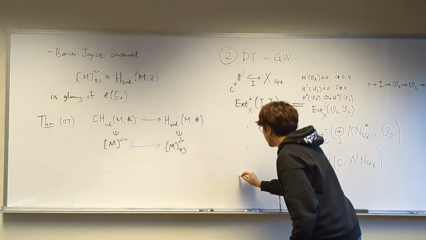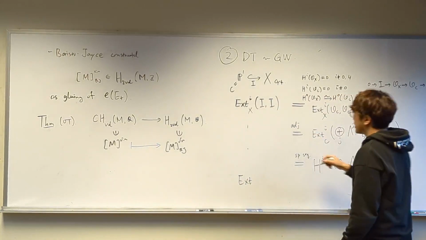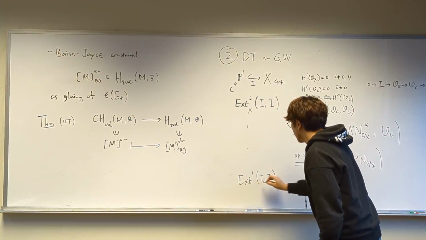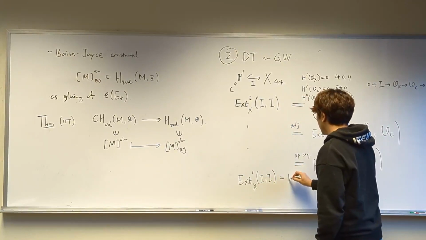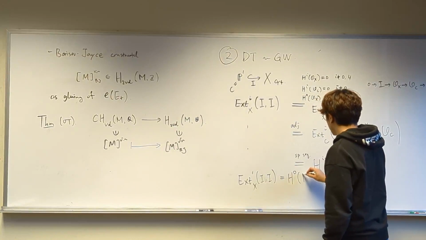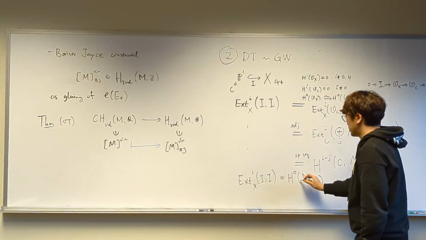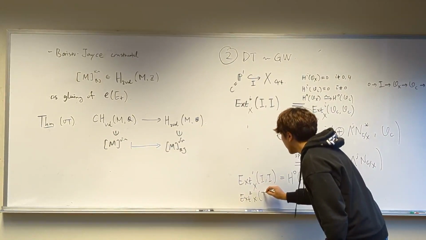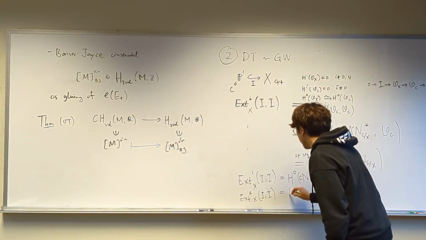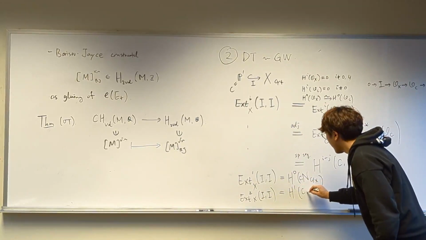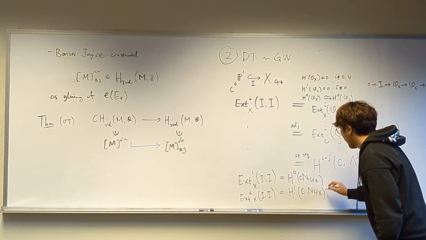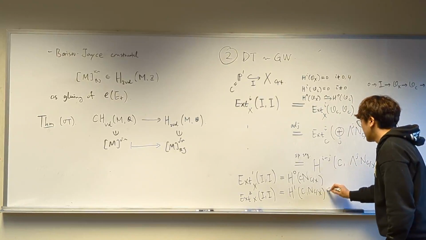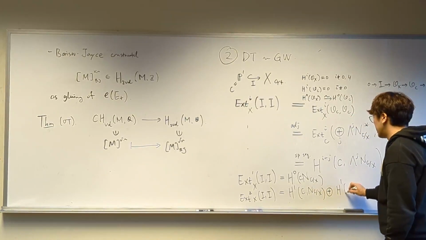So from this we can observe that Ext1(I,I) is H0 of the normal bundle. And this Ext2(I,I) is H1 plus H1 of this.